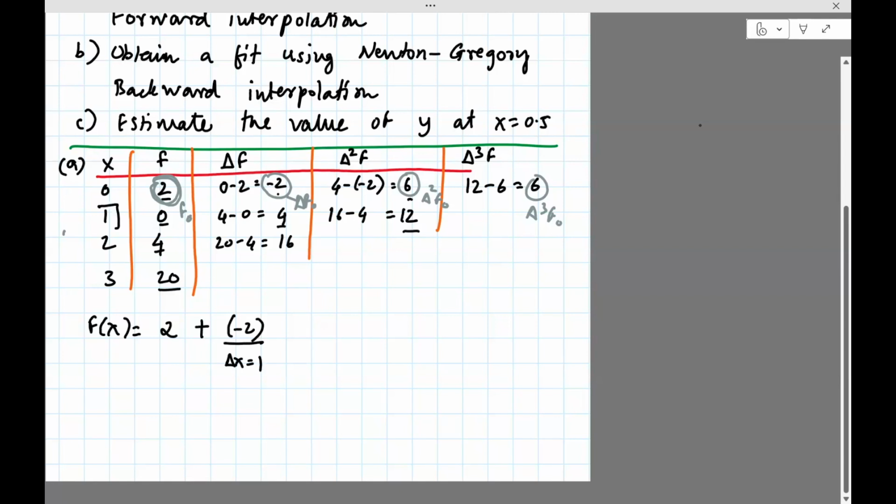Delta x is the difference between 1 and 0, which is 1, times x minus x0, which is 0, the first value, plus 6. This is the next one, delta square. This will be delta x square, which will be 1 square, times x minus x0, so it will be 0, times x minus x1. So x1 here is 1.